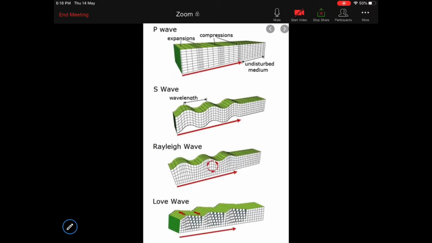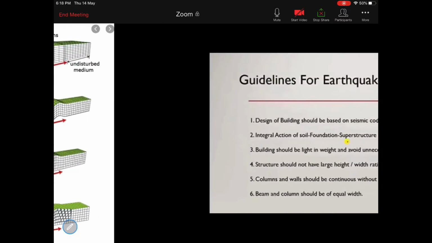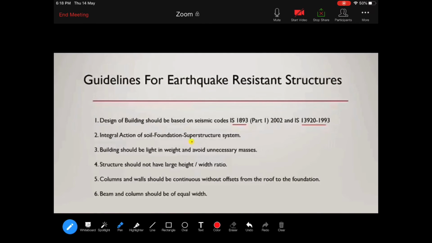I think you understand the basic concept of earthquake, what is earthquake, and how it affects structures and other things. So we discuss general guidelines for earthquake resistant structure.